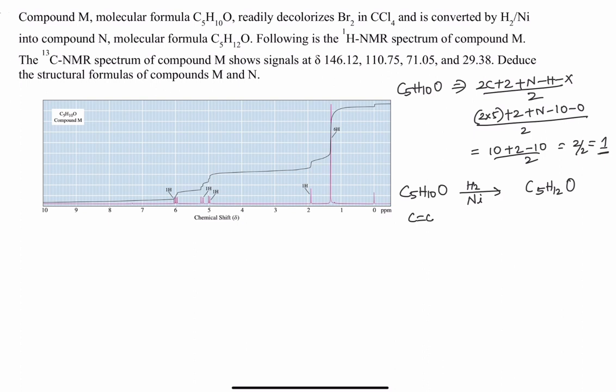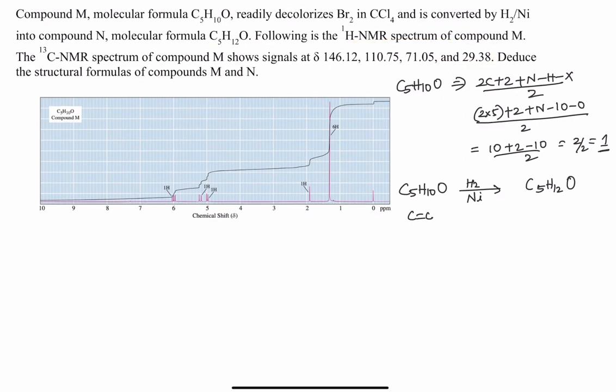Okay. Now let's go to identify the rest of the things that we have here. So here is the NMR spectrum of this compound, and this is the C13 NMR details. Let's now take a look into the HNMR spectrum and identify the different types of hydrogens present in this compound to get the structural formula of the compound.